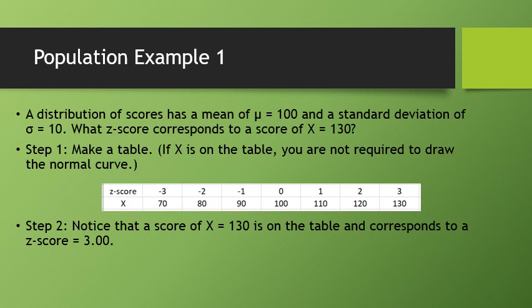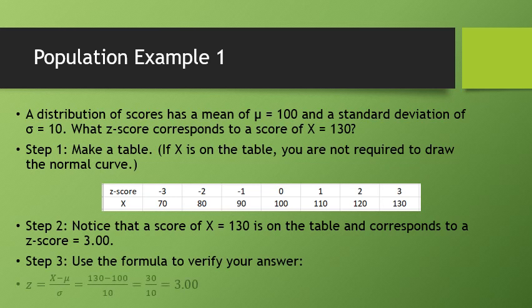Note that 130 is on my table, and I can just read off that it corresponds to a z-score of 3.00. Well, let's use the formula and verify our answer. So if we use the formula, we put in 130 minus 100 over 10, we end up with 3.00. Again, this is exactly the same as reading it off the table.